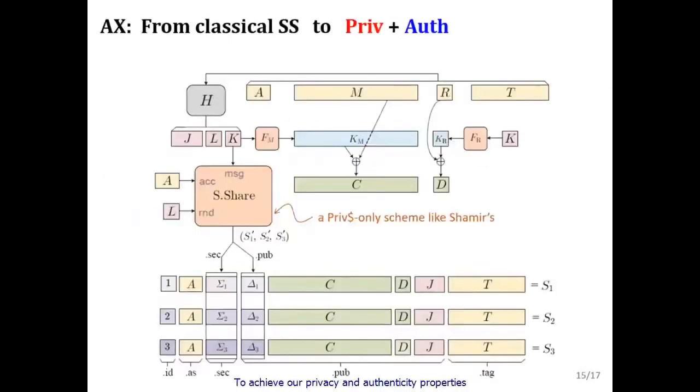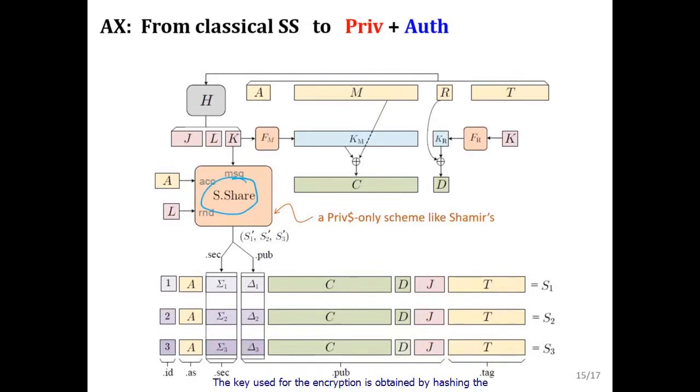To achieve our privacy and authenticity properties, we provide a generic transformation, AX. You start with a classical secret sharing scheme, like Shamir's, and embellish it using a pseudorandom generator and a hash function. Basically, you encrypt the message M you want to share out using the pseudorandom generator and include the resulting ciphertext C in each share.